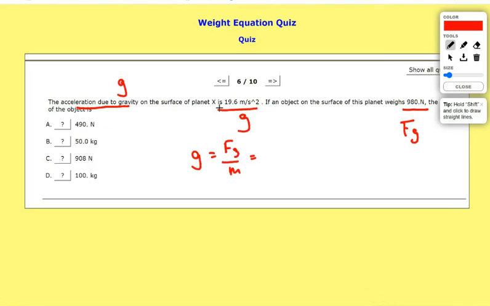So g is 19.6 meters per second squared. What's the force of gravity? That's 980 because that's the newtons. Force of gravity over m. So cross multiply: 19.6 m equals 980. What does that turn out to be?